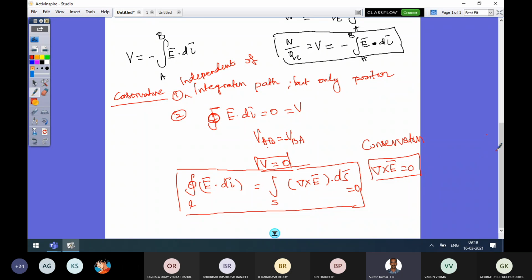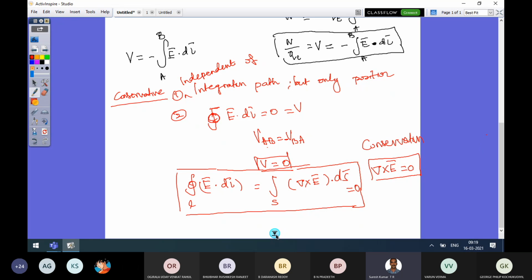So you need to keep 2 points, right? One is if it is conservative, then curl of the vector will be zero, and it will be independent of the path of integration. On that point, you can add that in a closed path, the total work done will be zero. These 3 points you need to keep in mind.